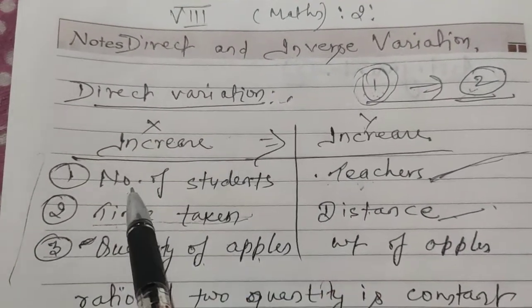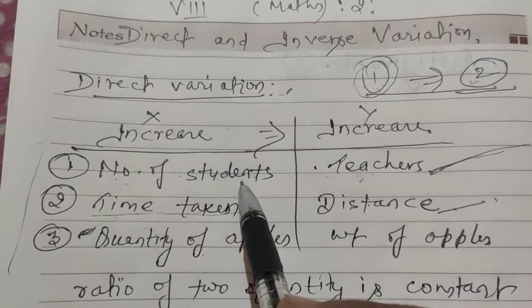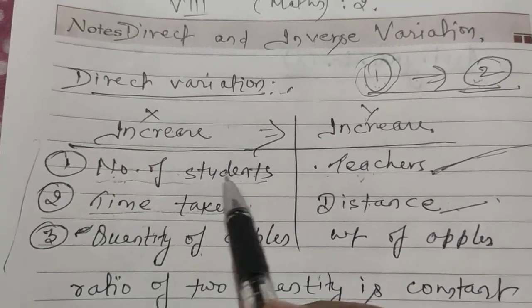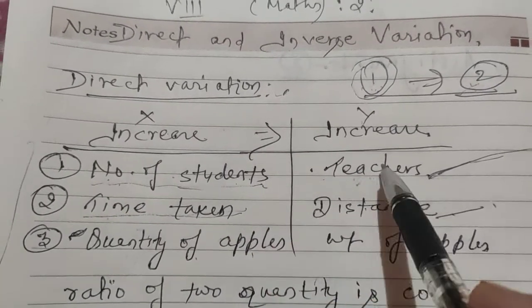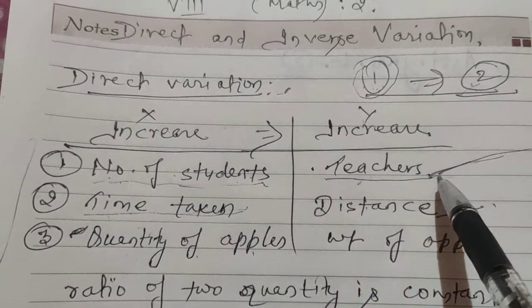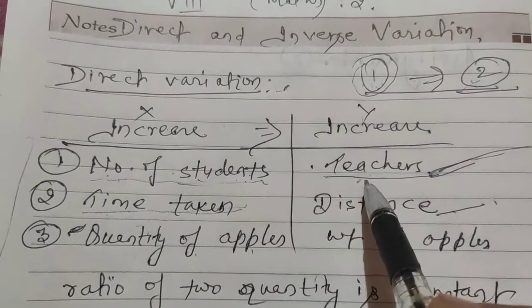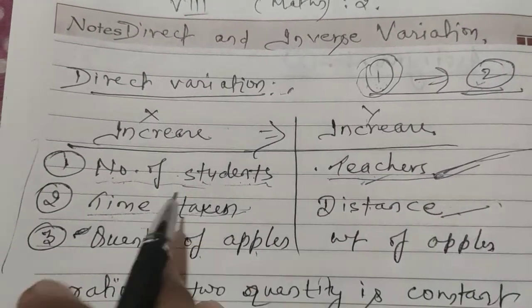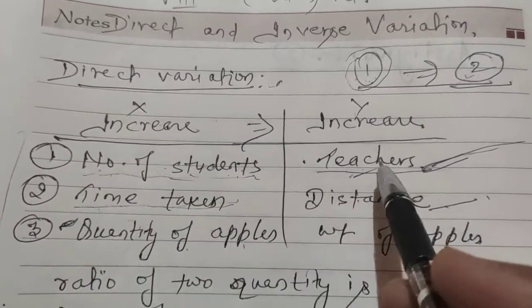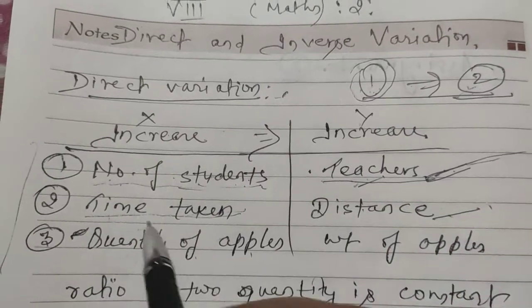For example, if the number of students in a school increases, then the requirement of teachers also increases. That means as the number of students grows, more teachers are required. Therefore they are directly related, they are in direct variation.